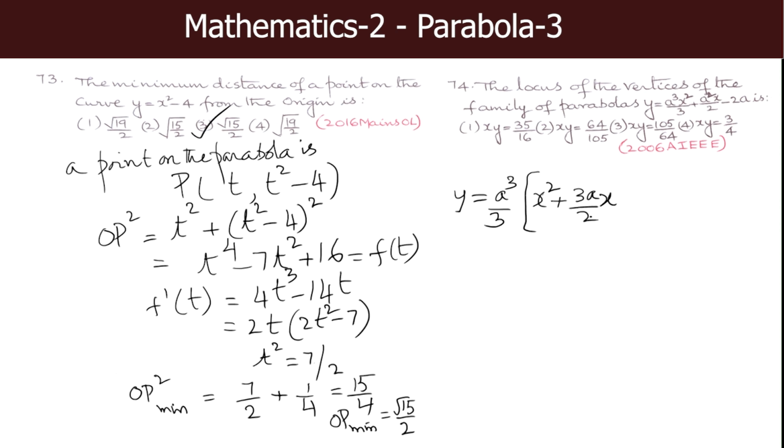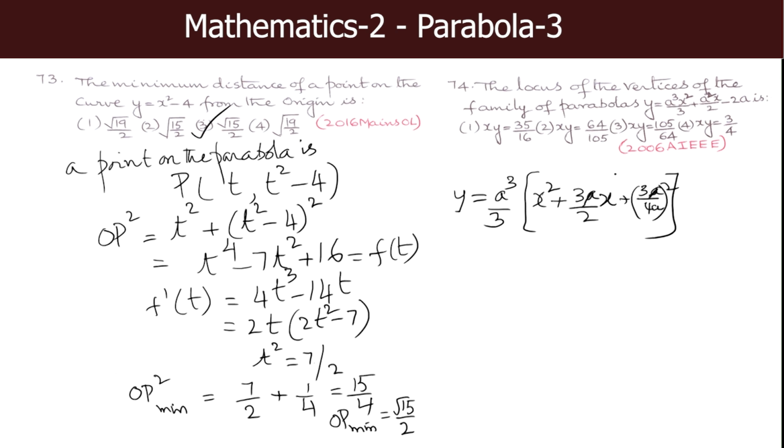By adding a suitable constant to this sum, you can complete this square. So that is 1/2 of 3a by 2, that is 3a by 4 whole square. You have to subtract the same thing. What is this extra quantity that is added here to make this a perfect square?